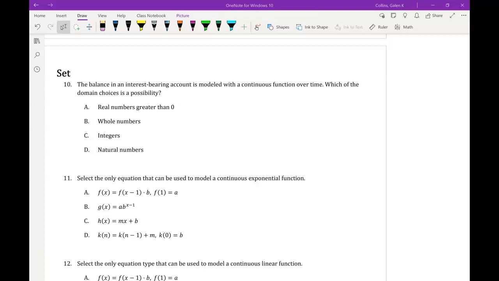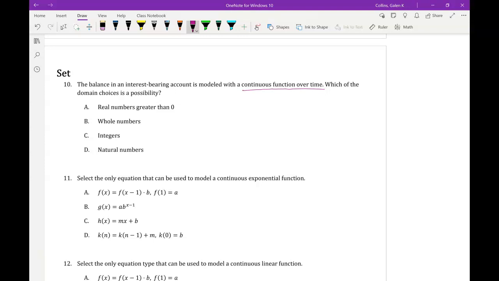The balance in an interest-bearing account is modeled with a continuous function over time. Which of the following domain choices is a possibility? So even if we don't know what an interest-bearing account is, we do know that continuous functions, unlike discrete functions, should be something that we could model with the set of all real numbers.